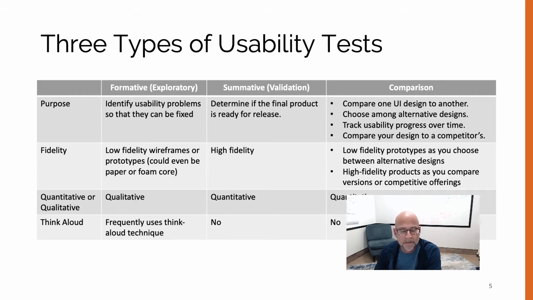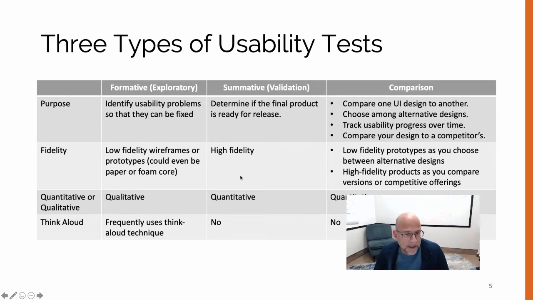Don't block, just tell me everything that's on your mind as you go through and do this. And this enables us to keep track of what's on people's minds, what kind of confusion they have, what kind of misconceptions they have, etc. So that's what's going on during formative or exploratory usability testing.